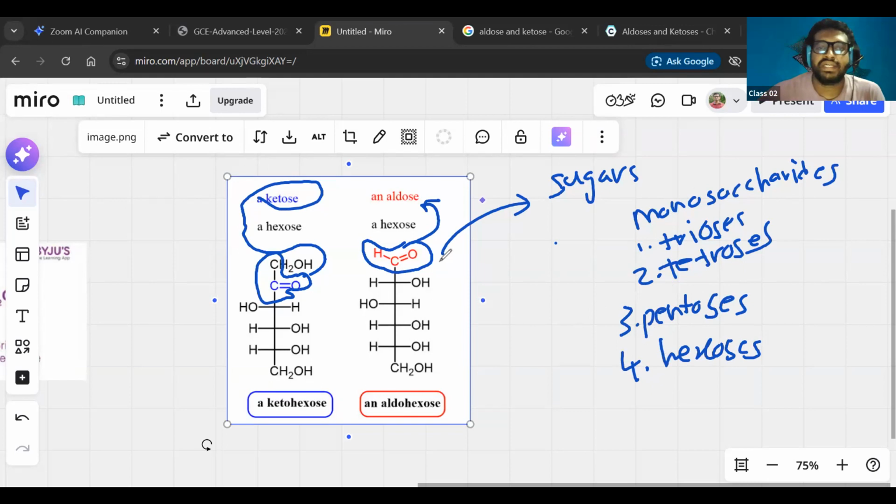You can see that these two are hexoses. Because of this, the aldose-containing group, as it has an aldehyde, will be reduced.